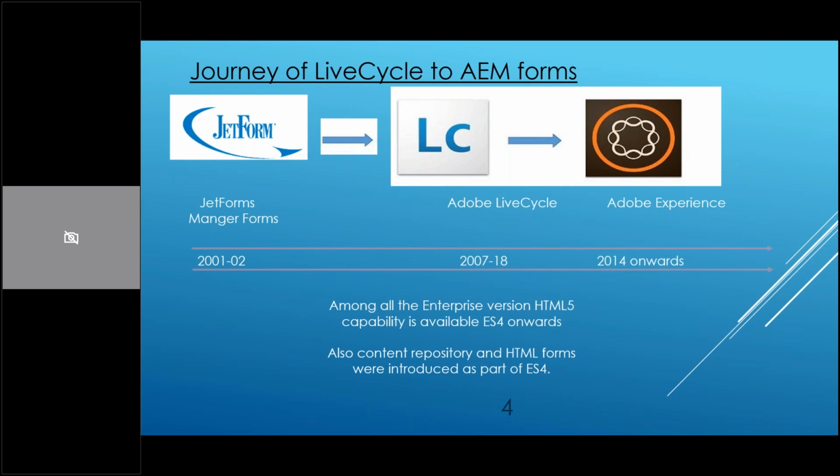Before that, it was all PDFs, nothing else. So before ES4, JEE worked with PDF only, which would show in the browser. With ES4, HTML also works. Before that, only PDF, nothing else.